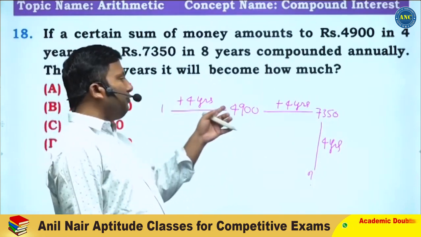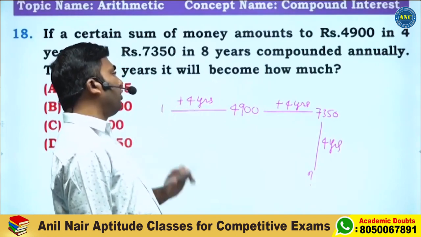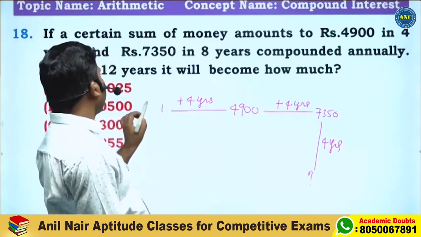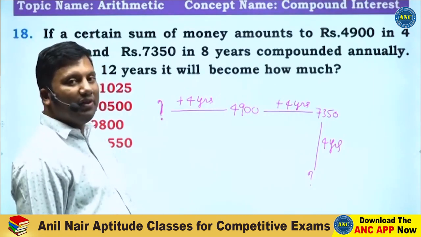This is the question. Somewhere if we get the scaling factor, we have got the answer. A certain sum is becoming 4,900 in 4 years. Now the principal also we can determine.